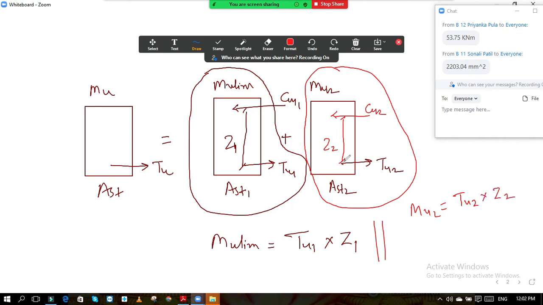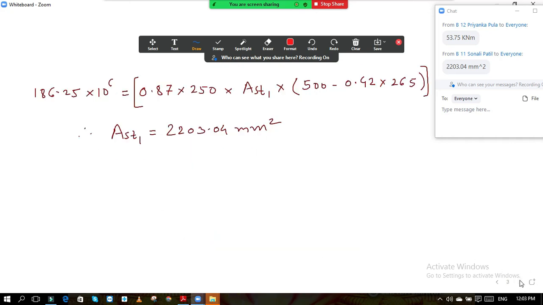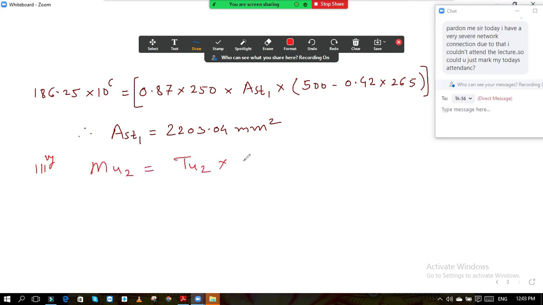After combining all these, you get the doubly reinforced section, total CU and total TU, and this is your Z. So now I can equate MU2 is equal to TU2 into Z2.